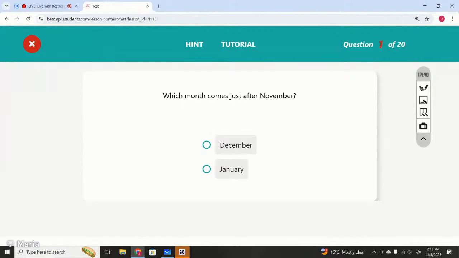Which month comes just after November? Just after November, it is December. Option number one is the correct option.